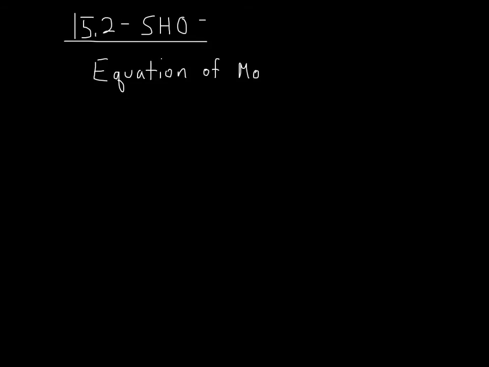And customarily in physics, the equation of motion that we use is describing forces. And for forces, for springs, we have Hooke's law, F equals negative kx. We also have Newton's law, F is equal to mass times acceleration.